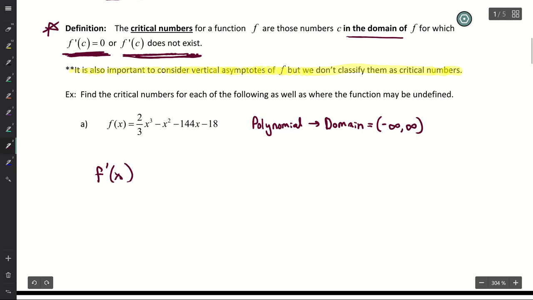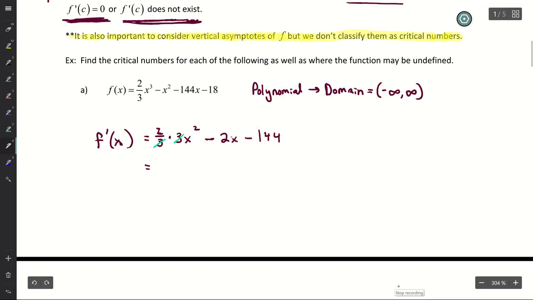I'm going to keep the 2/3 just as it is. Then using the power rule, the 3 would get multiplied to the front, and the power would be reduced to a 2. Then minus, power rule on the second part, this would be 2x. And then power rule on the second to last piece, that'd be 144. And then the derivative of a constant is just 0.